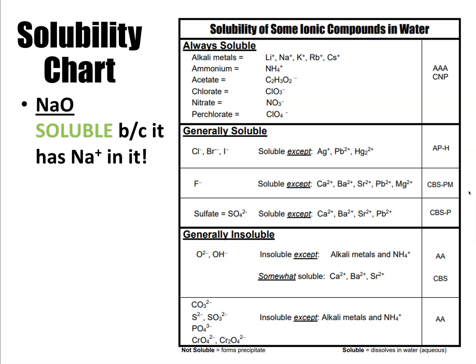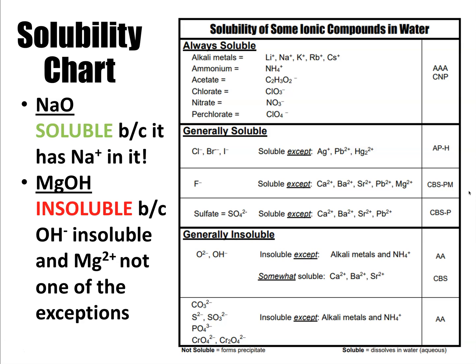So, for example, let's take sodium oxide. Sodium is always soluble. We see that oxide is generally insoluble. But notice with the exception, oxides are generally insoluble except if they're bonded to alkali metals or ammonium. That's why sodium oxide is soluble. Let's look at magnesium hydroxide.